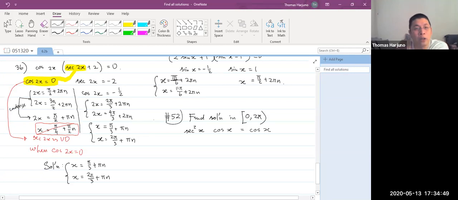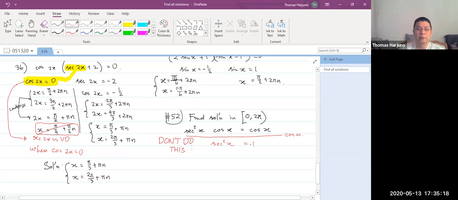What you don't want to do, Thomas, is divide by cosine x, then you get secant squared x equals 1. Do not do that.